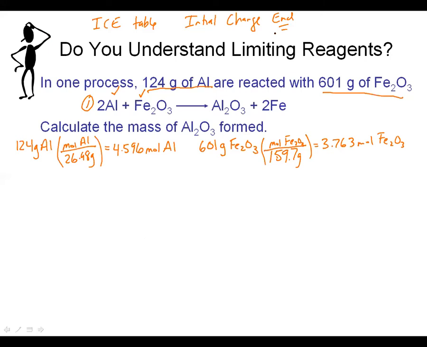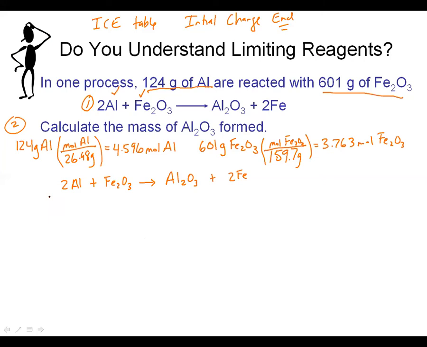Now, when you do an ICE table, you do have to make sure everybody's in moles. So that's why, again, we still have to do step number 2 here before we begin. We have to convert everybody into moles. So to do an ICE table, we essentially will take the equation, which is 2 aluminum plus our iron(III) oxide, gives us our aluminum oxide plus our iron.